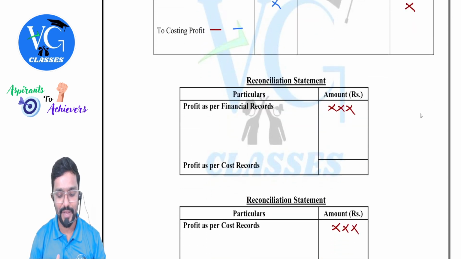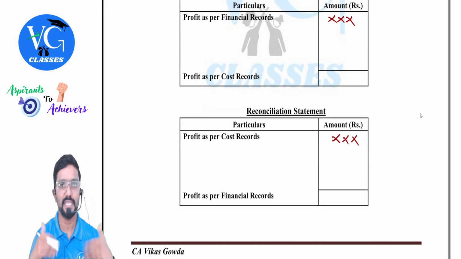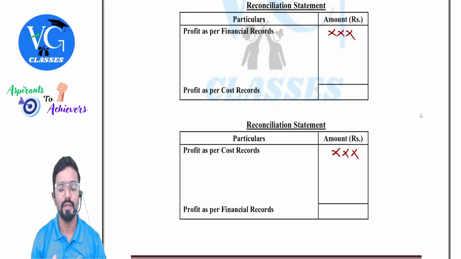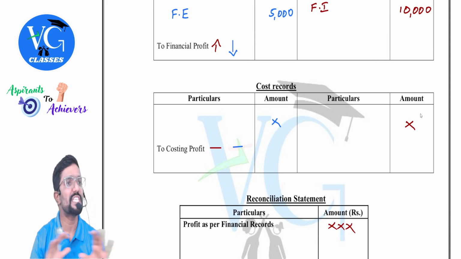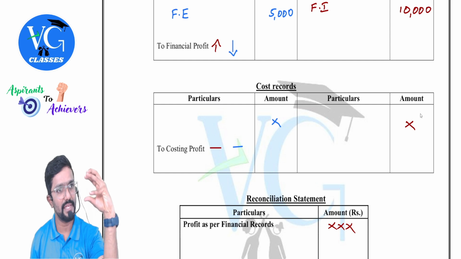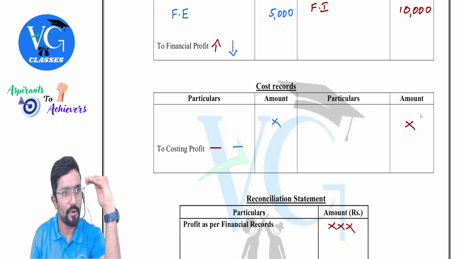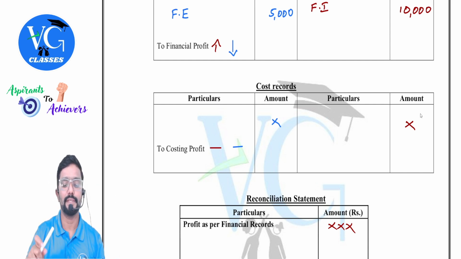Next. Sir, what if my costing profit is the starting point? Either of the two you will do, guys, not both. But I'm just explaining both because you should know both the ways. Now, sir, what if I'm starting with costing profit? Simple. My costing profit has not changed because of this. So, guys, whenever you are taking any profit as a base, any changes, you have to make for that profit.